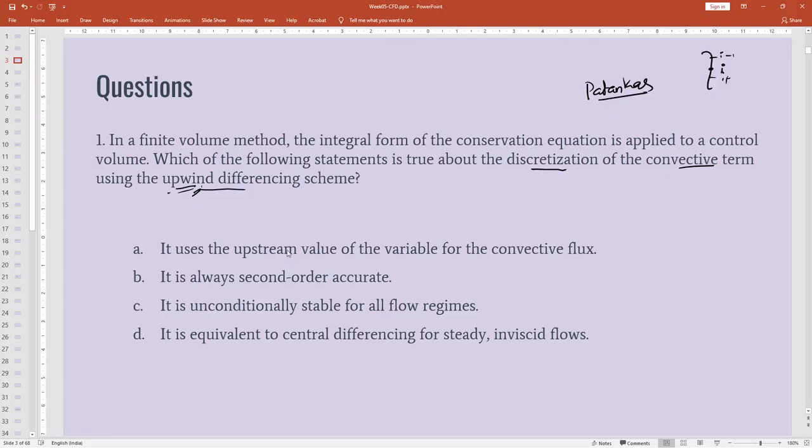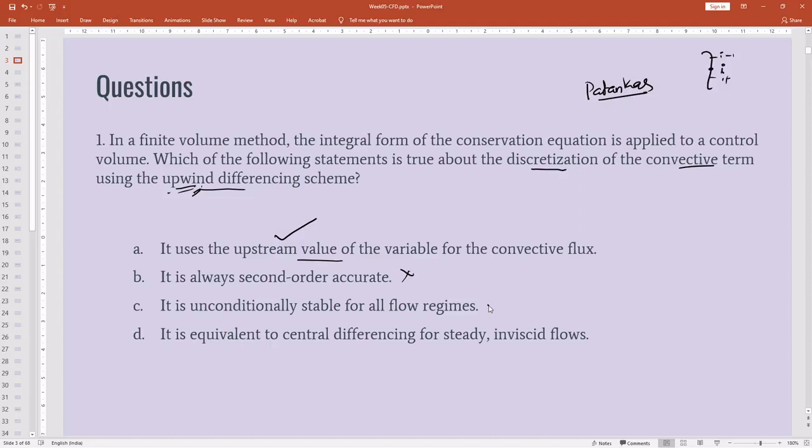Here, it uses the upstream value of the convective flux. That's why it is called the upwind scheme. In the upwind scheme, we use the upstream variables to calculate the values at the required point. It is not second order accurate, it's first order accurate.